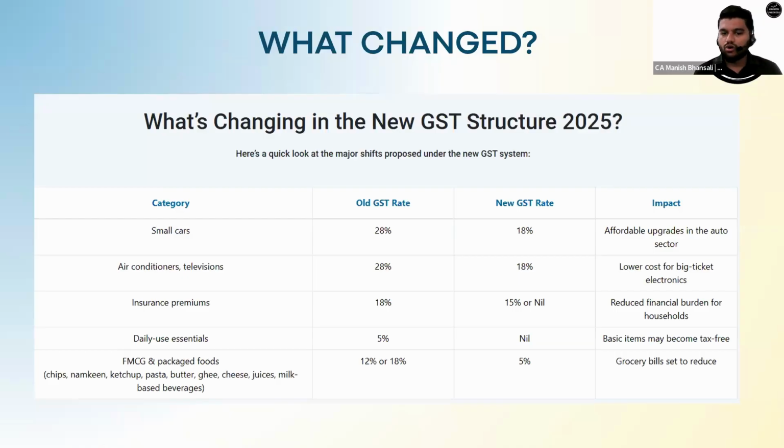Daily use essentials, a lot of stuff, have come from 5% to nil. And FMCG and packaged goods, which were at 12 and 18%, have also come down to 5%. Because of this, the black market which was going on will probably now come under the tax bracket, and people will start doing it all in an accounted way, is what the government is projecting.